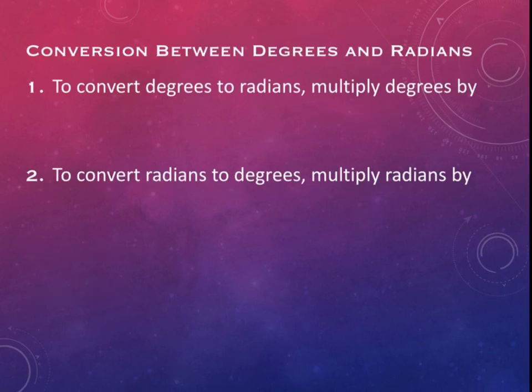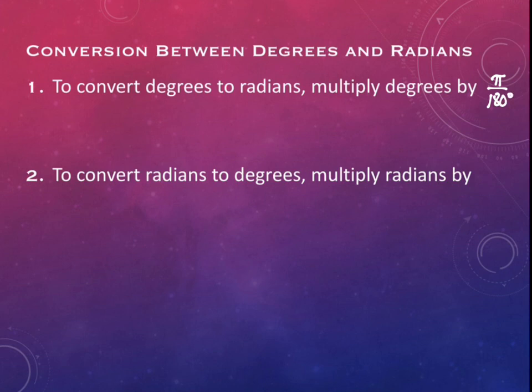All right, so what I want to show you then is how we go back and forth between radians and degrees, and degrees and radians. Conversion between degrees and radians. If we want to go from degrees to radians, we will multiply by pi over 180 degrees.